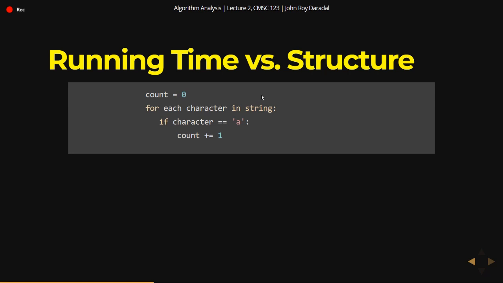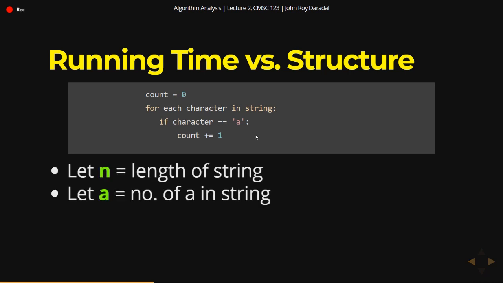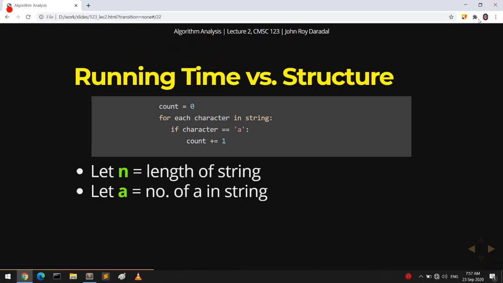We initialize count equal to 0, and for each character in the string, if character is equal to A, then we increment the count by 1. Let n be the length of the string, and let a be the number of A's in the actual string. How many time steps will this code have?